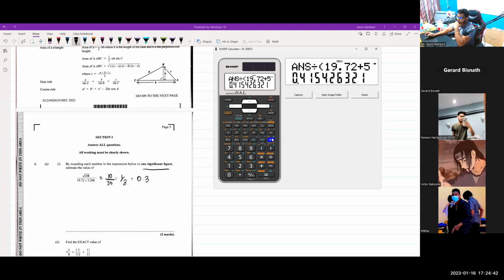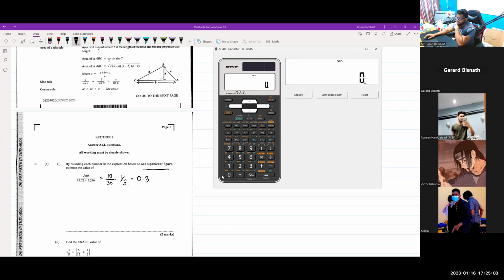All right. Now, let me clarify something here. By rounding each number in the expression below to one significant figure, they want you to round off each number to one significant figure. I think I take it too literally because on the top I get 10, and on the bottom, since it's one significant figure, we get 20 plus 5.